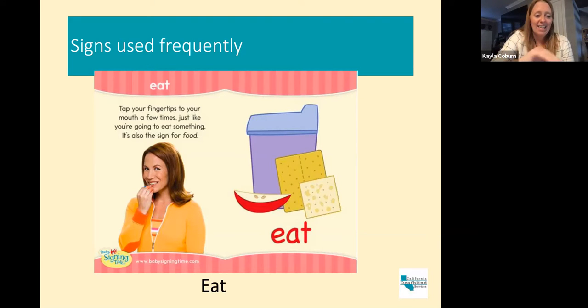And if they're really hungry, they will find a way to get to that food. So if you have goldfish crackers or something and you want them to sign eat instead of more, have them sign eat before giving them the food. It will definitely be helpful for them.